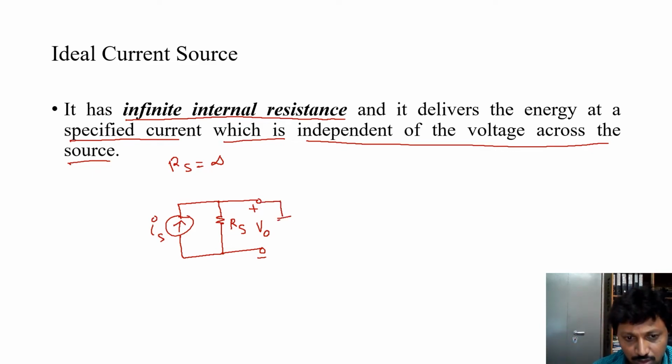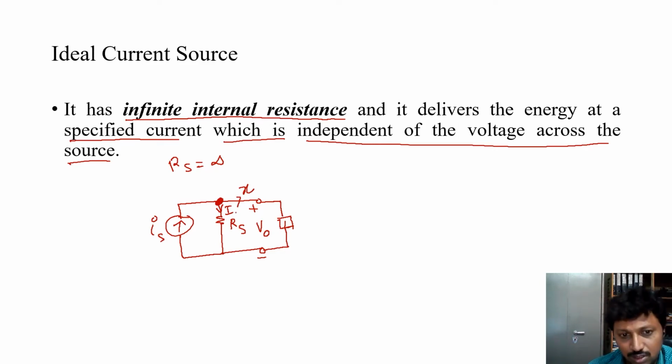Across the terminal voltage a load is connected, which I am going to represent as RL. So this V0 is across the load. When Is comes here, it divides into two parts. I am going to write this one as X and this one as I.